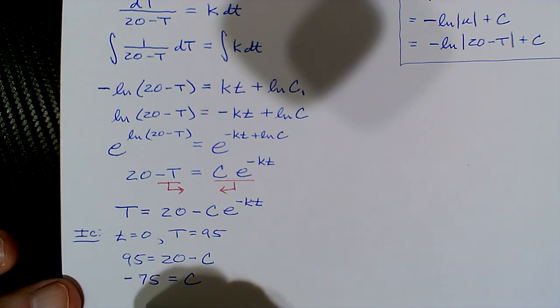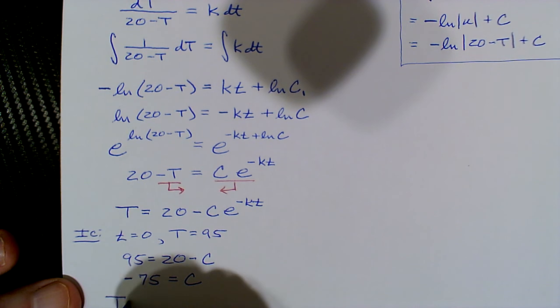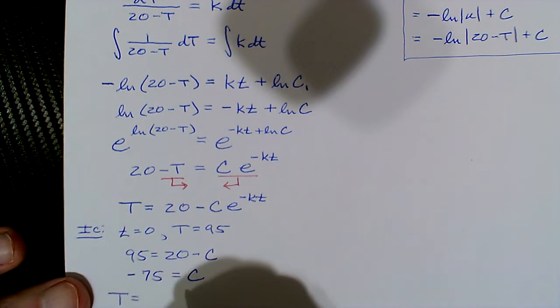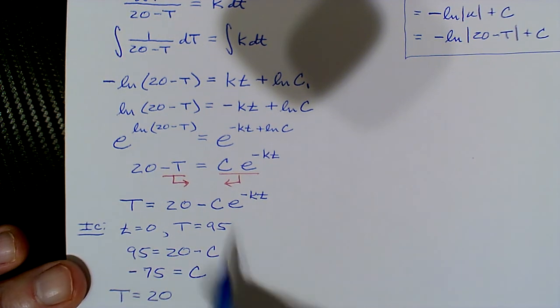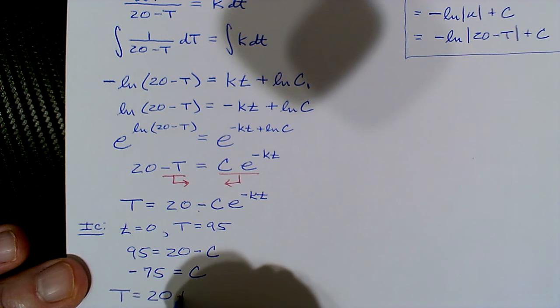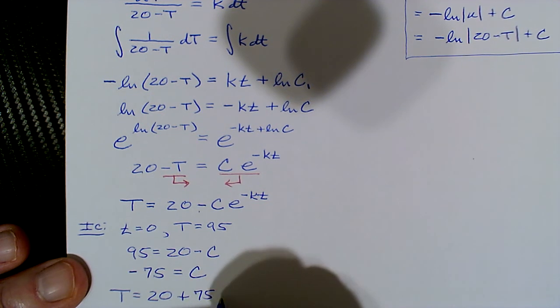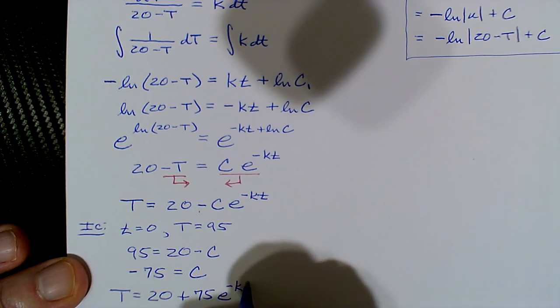So our equation so far is that the temperature is 20 minus a minus 75, so plus 75 e to the negative kt.